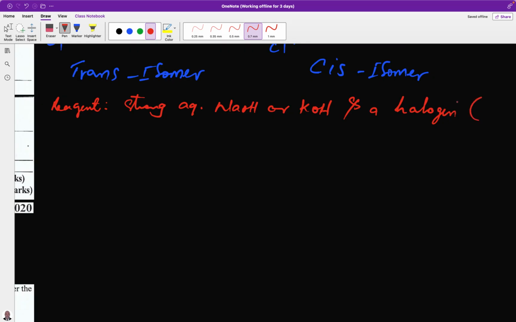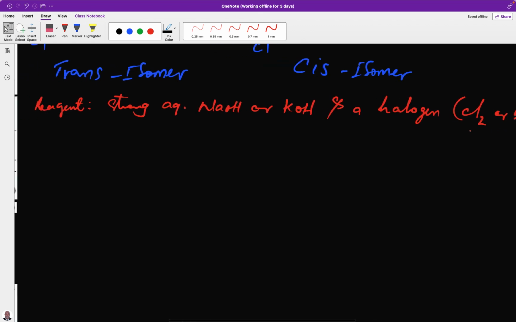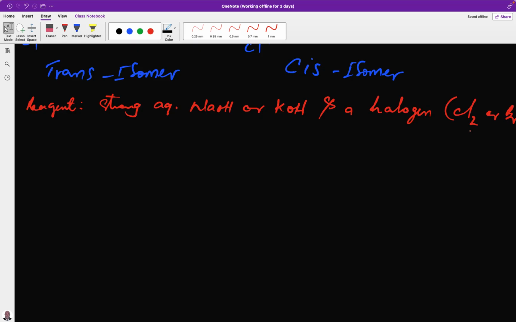The halogen could be chlorine or bromine. So we will have a strong aqueous sodium hydroxide or potassium hydroxide and chlorine or bromine. And now we will have to heat it at about 70 degrees Celsius.